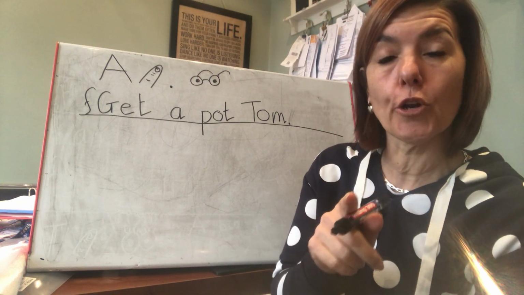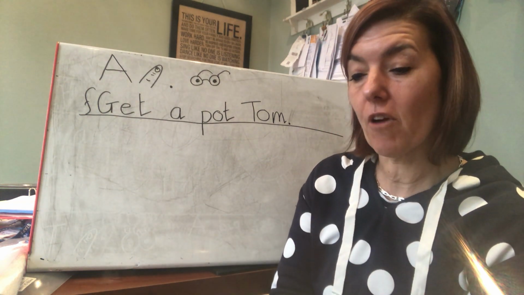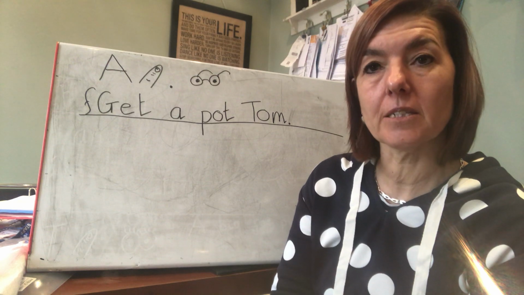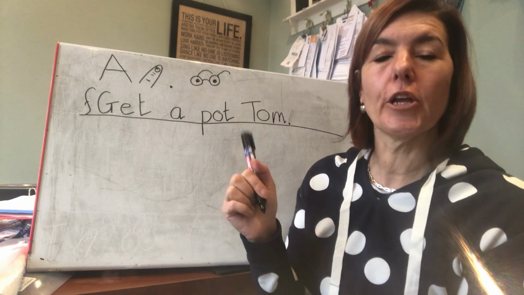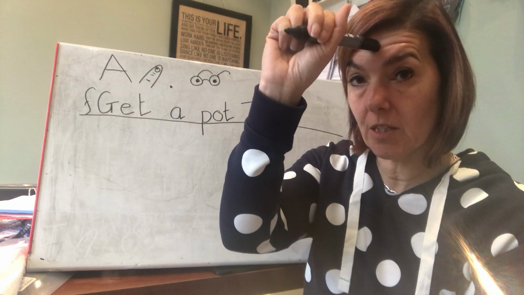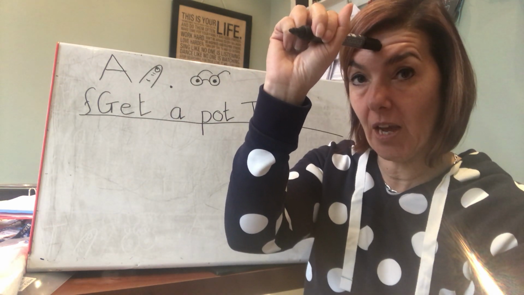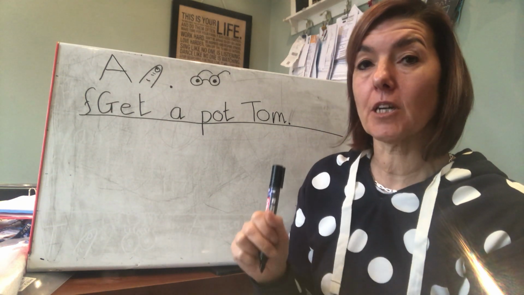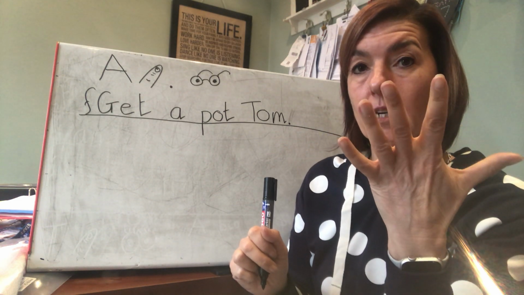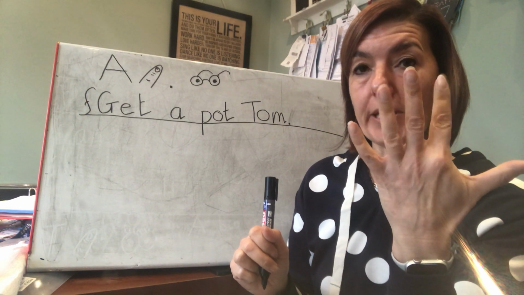Now, children, what I want you to do next is to write a sentence about Tom. You can write anything about Tom. So what you need to do is you need to think of your sentence first. Think of it, then say it out loud. Say it out loud a couple of times and count how many words you need to write.